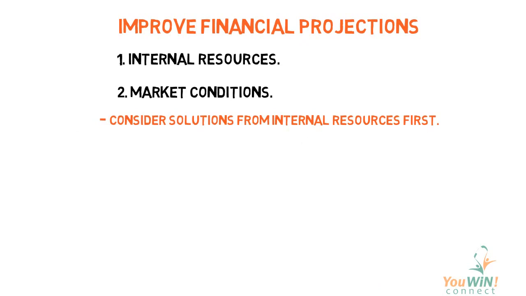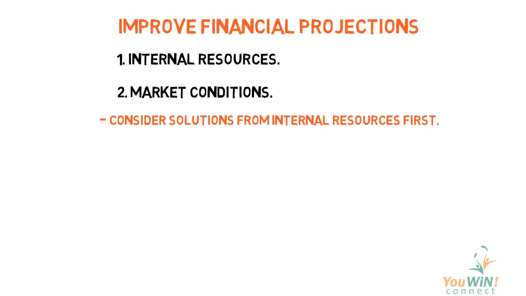So let's consider things from internal resources. We can adjust the investment scope, which reduces the amount of money that would be invested in the project. We can change the size of inventory and decide not to keep as much as we would have kept if we were looking at an optimistic position.